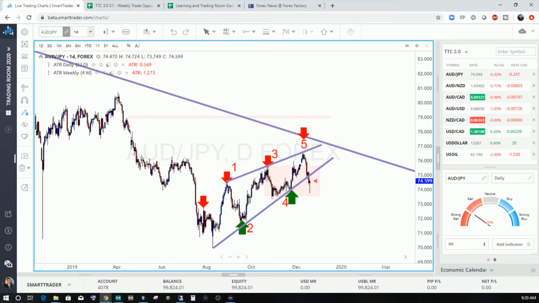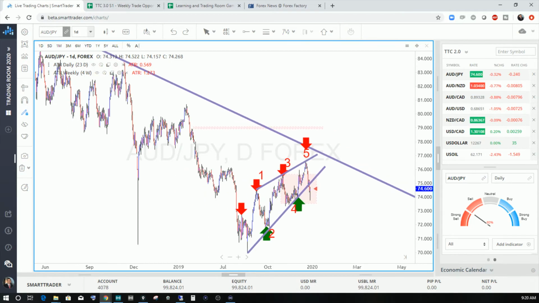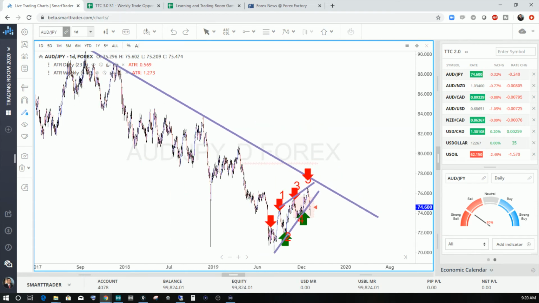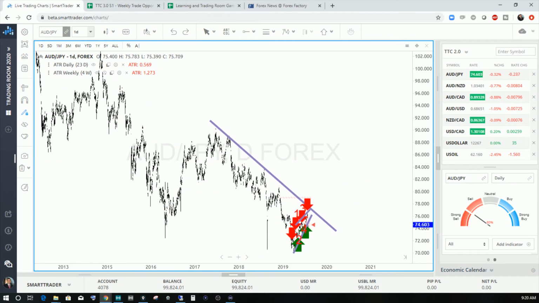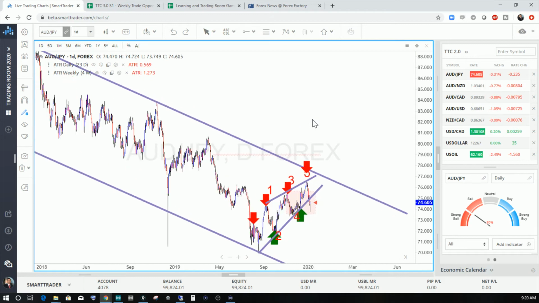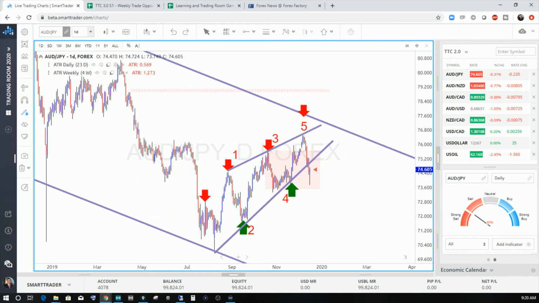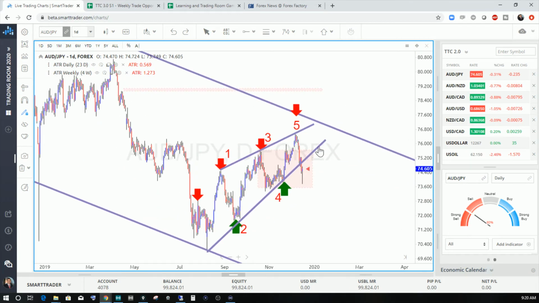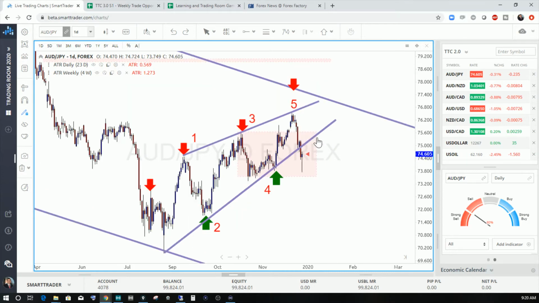So overall, and trust me, I'm in some of these Aussie-JPY trades right here, but I may be expecting price to want to go ahead and actually move further down south. Now, I do see that there is a possibility of the market coming back up to retest this backside of the trend line.